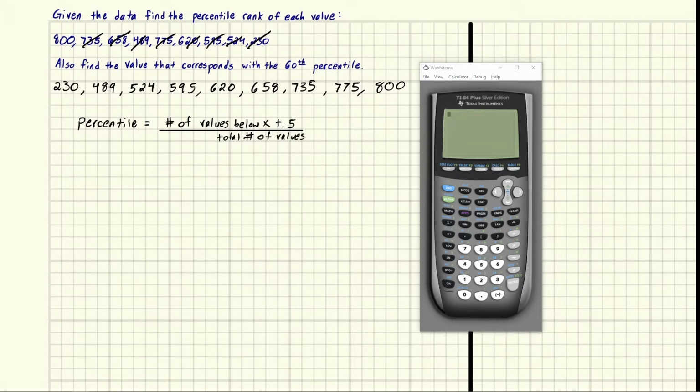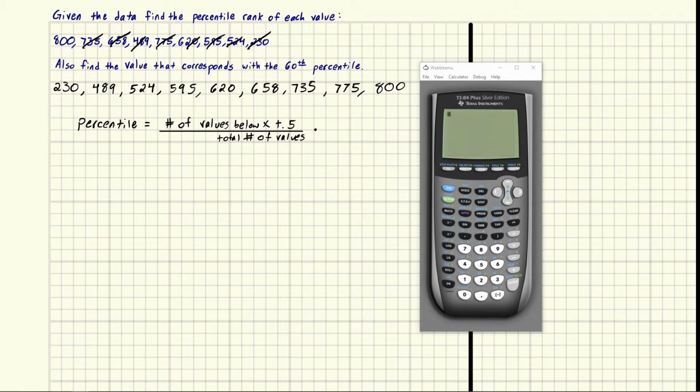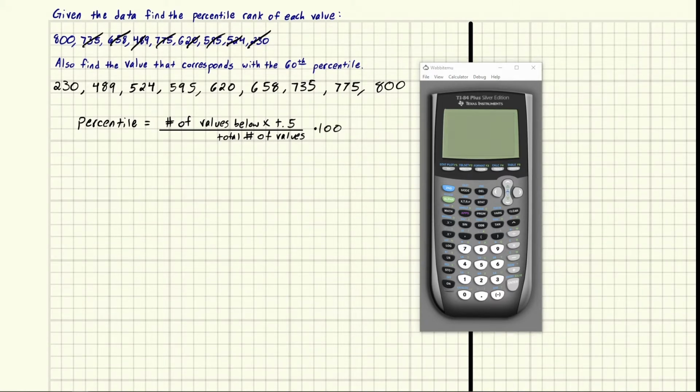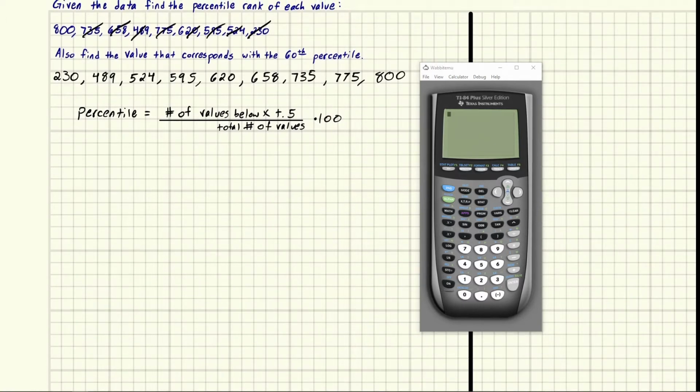And then at the end, we want it as a percentage, so we're going to do times 100. We call this the percentile when we do this process to data that's been put in order from lowest to highest. And it basically lets us know where something is in a group. It's a measure of position.